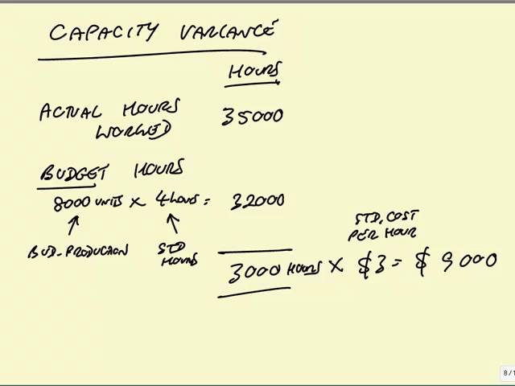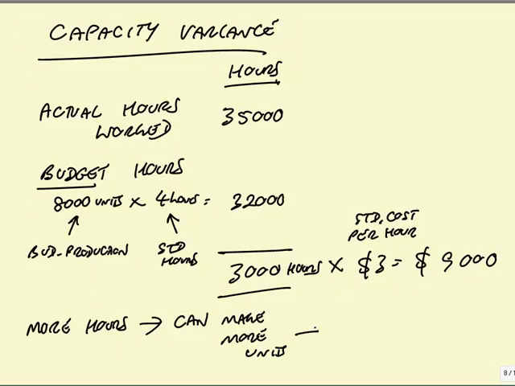And if you can make more units, well, as I said earlier, that's good. And therefore, it's favourable. The more hours we get, the more units we can make, the better we do.